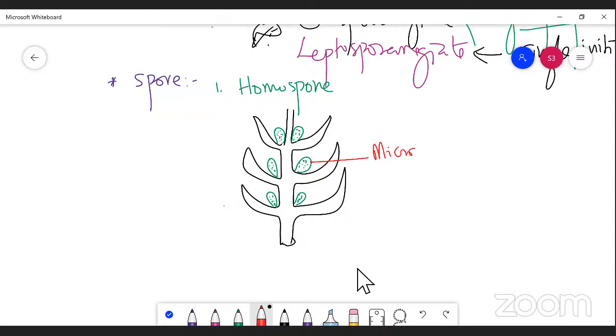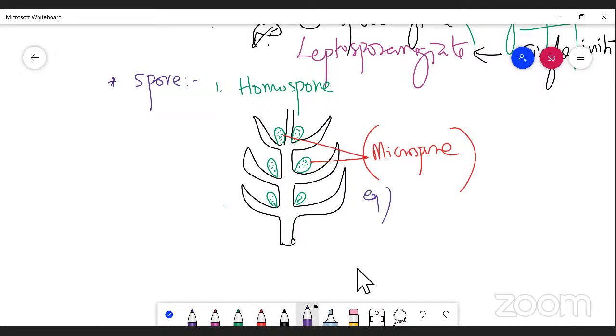On both sides of the cone arises a similar type of spore, and this is known as homospore, right?